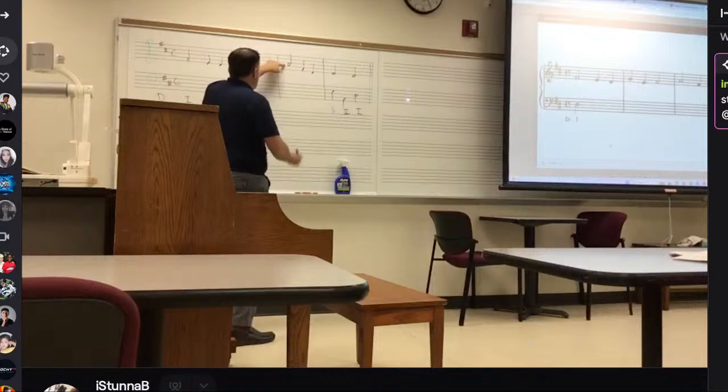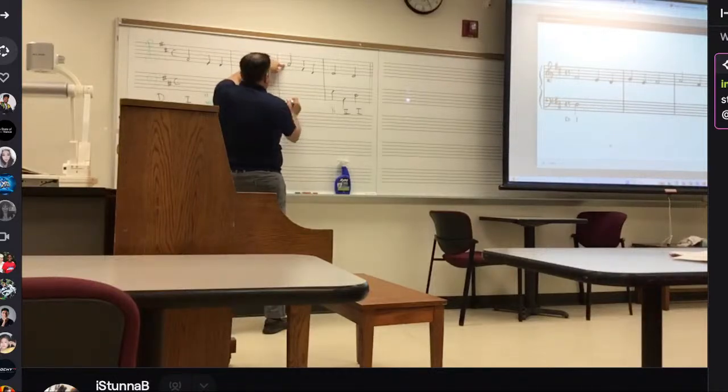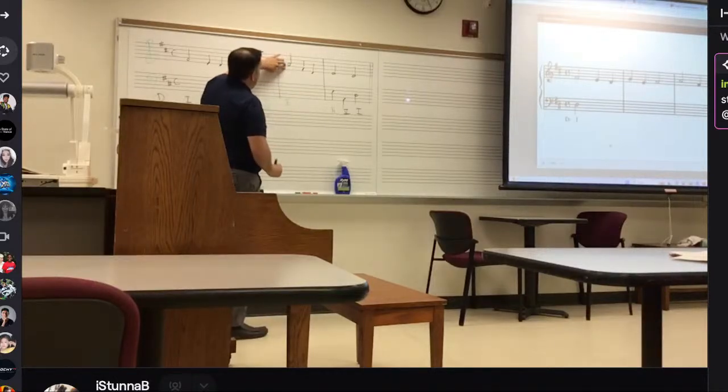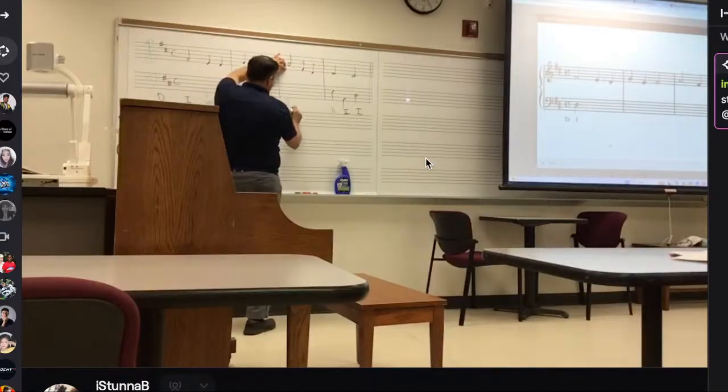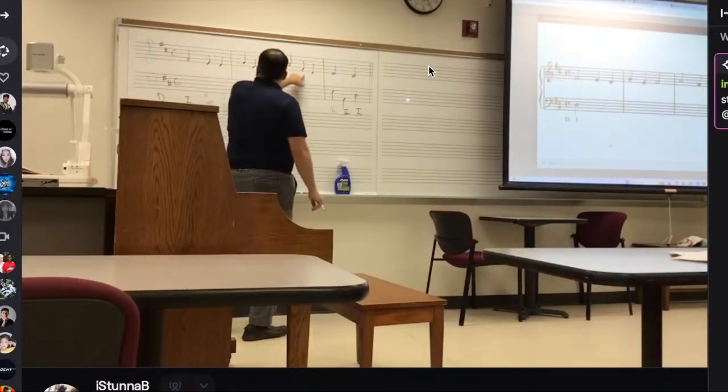A, that's your root, that's a 5. If A is the 3rd, F sharp's the root, 3. And if A is the 5th, D, which is your 1. F sharp, we already did.